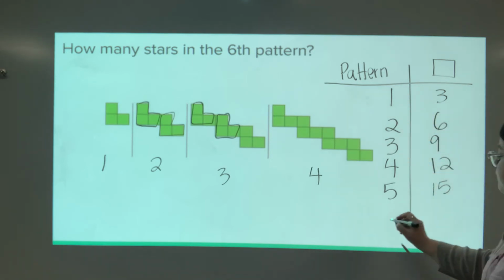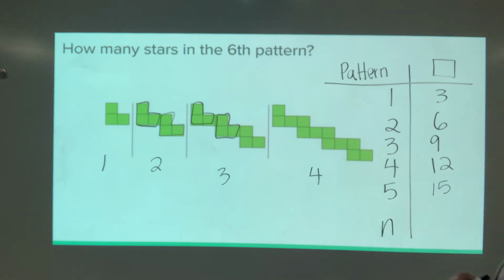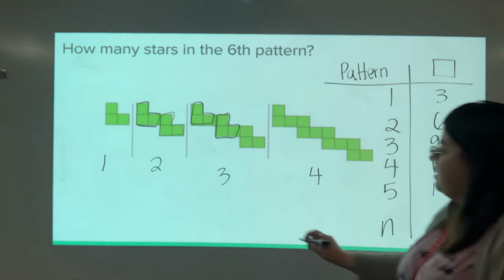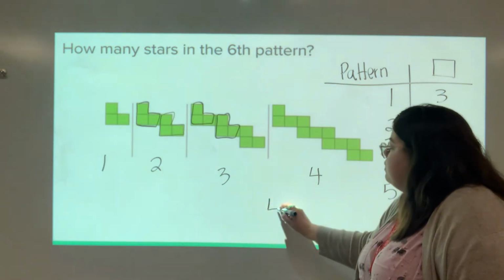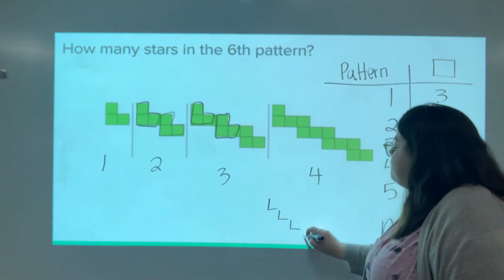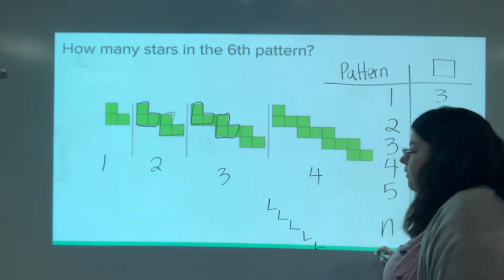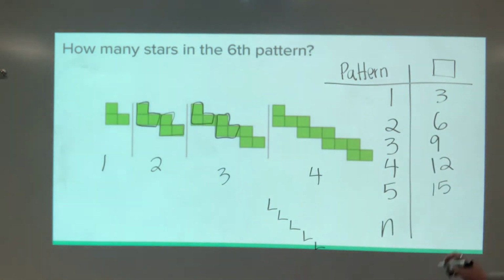So if I'm in the nth pattern, I could just take n and multiply it by 3, because I can imagine in the nth pattern there would be n little groups of 3, and I can keep going however big n is. So I would have 3 times n. So again, let's make it easy.